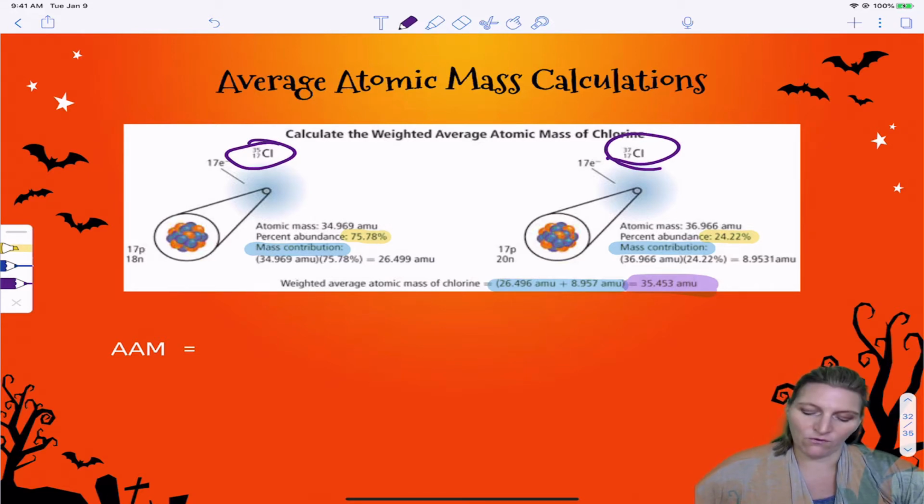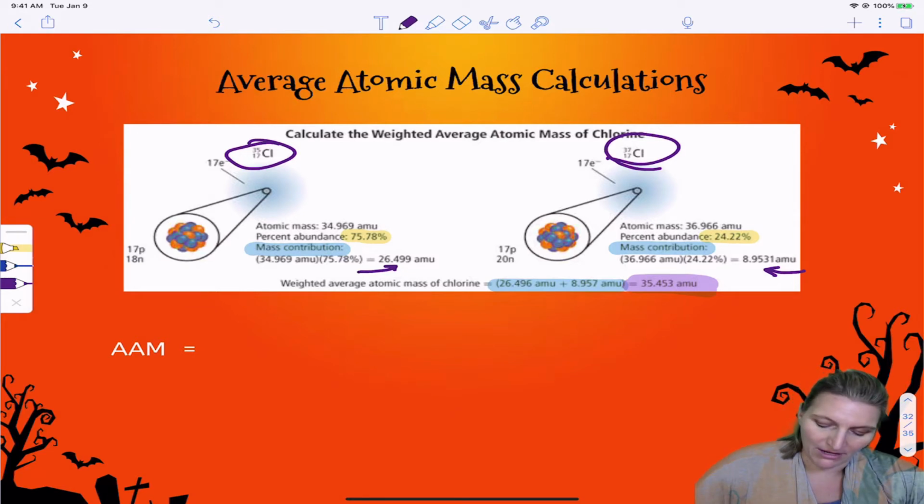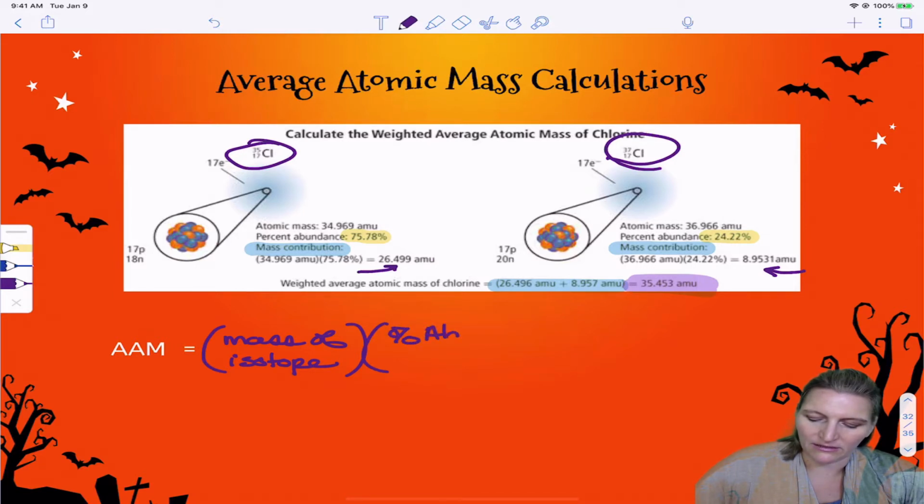So the general formula here, take a look at how we calculated the mass contribution of each of these, and then we added them up. So what is the mass contribution? The mass contribution would be the mass of the isotope, and then you multiply that by the percent abundance.